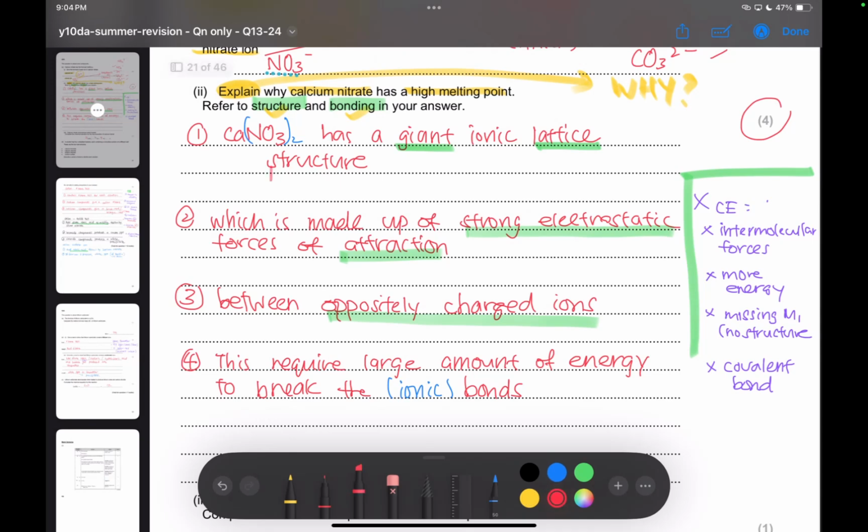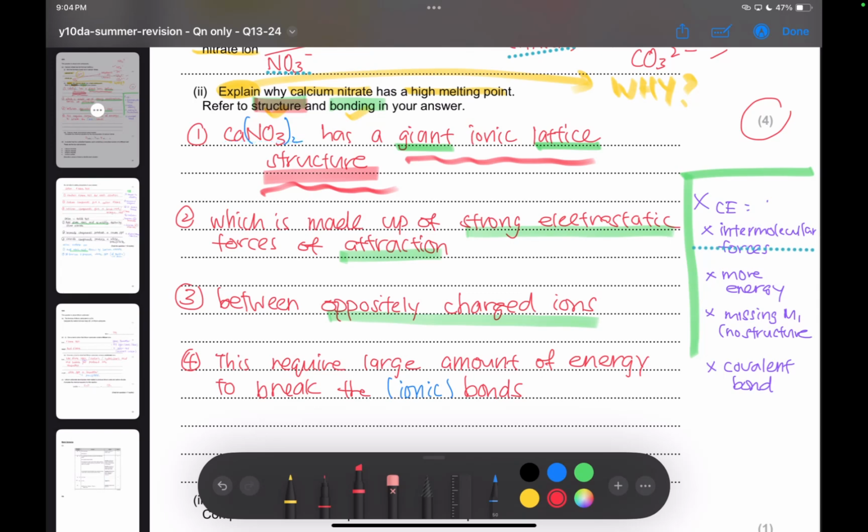Okay, so I focus on structure, and my first point here is to describe the structure in calcium nitrate. The key words here are giant ionic lattice structure. These four keywords together will get you the marks under structure.